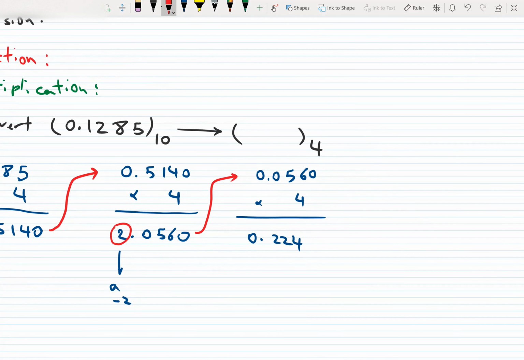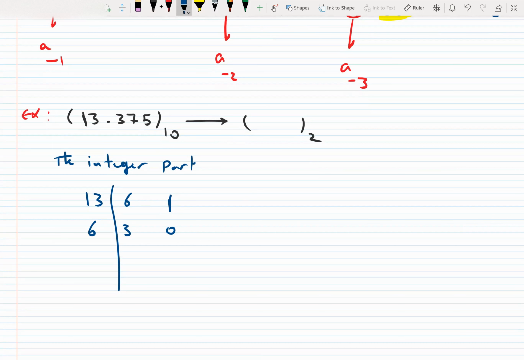13 divided by 2 is 6, and the remainder is 1. Sorry. 6 divided by 2 is 3, and the remainder is 0. 3 divided by 2 is 1, and the remainder is 1.